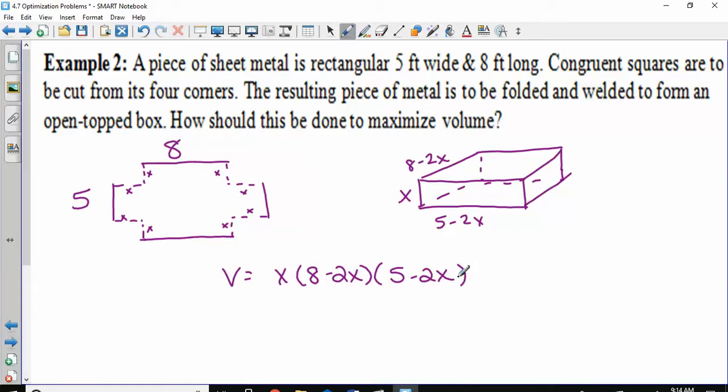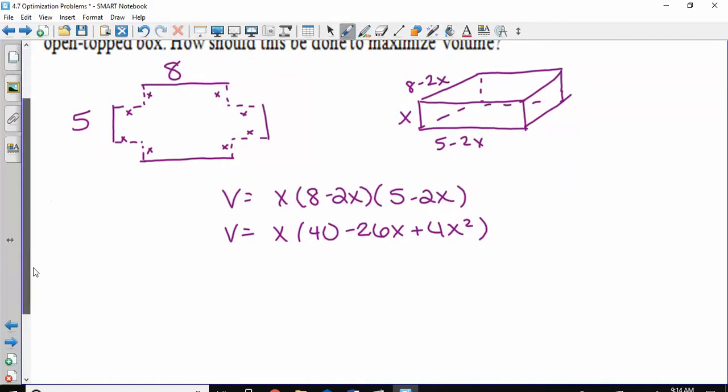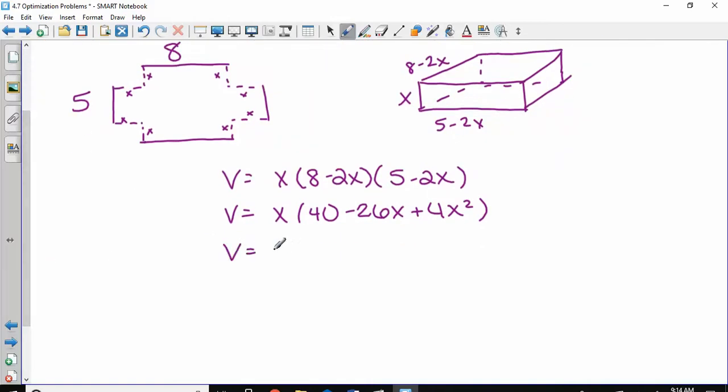But it would probably be best if we multiplied this out first. I'd rather do the derivative of a polynomial than product rule 3 times. So if I FOIL the two parentheses, we get 40 minus 16x and minus 10x, so minus 26x plus 4x squared. Distribute the x.